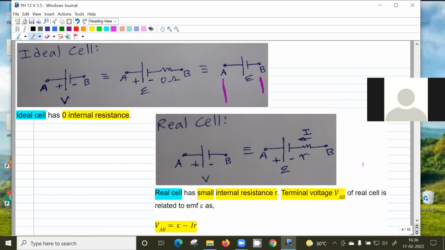But a real cell will have some finite internal resistance, which is very small, and for a very good cell it is very, very small. When current is flowing because it is connected to an external circuit, the potential difference across the terminals will differ from the EMF of the cell, and the difference is E minus I into r.